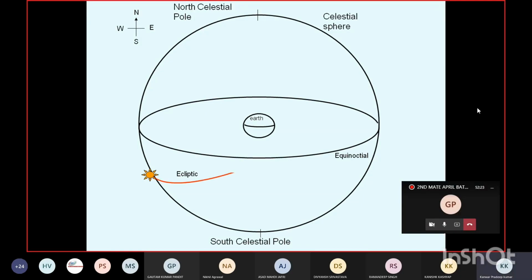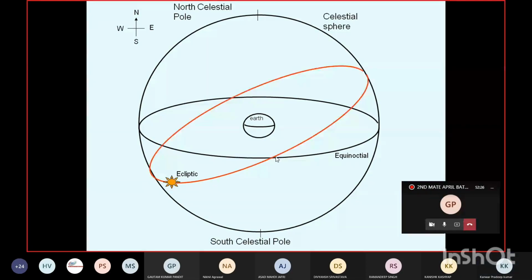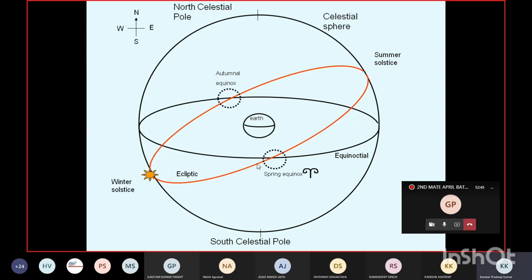So from first point of Aries to here, it is north declination and increasing, but from summer solstice to Libra, it is north declination and decreasing, south declination and increasing south, south declination and decreasing south. So gentlemen, all clear so far?